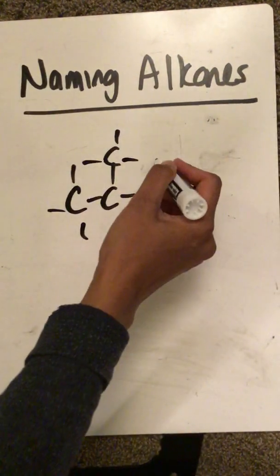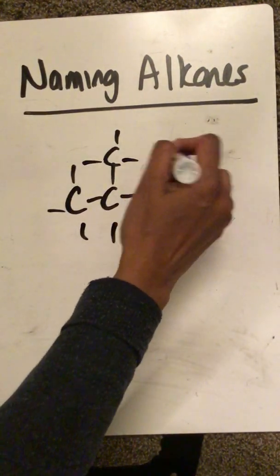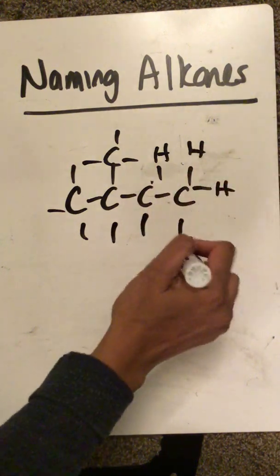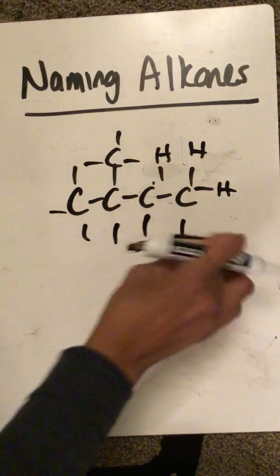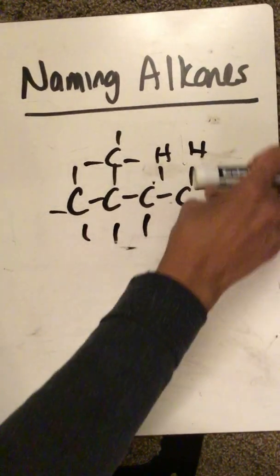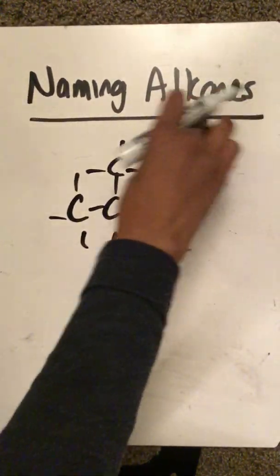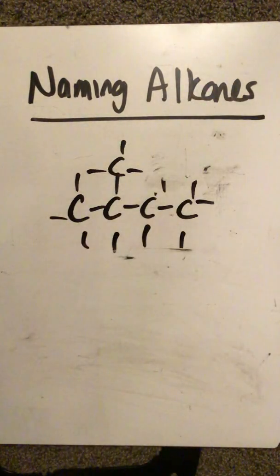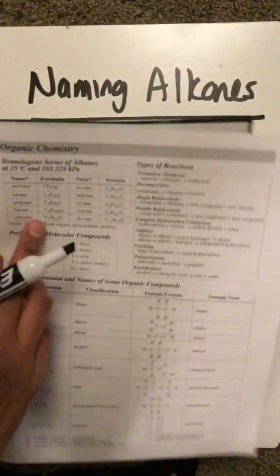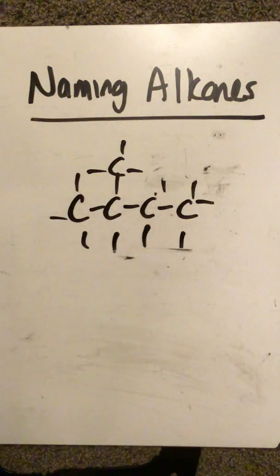Okay, and if I draw these dashed lines, they just mean there's a hydrogen attached to it. I just don't write out the hydrogen every time because it's time consuming, but just assume every time I draw a dash that there's a hydrogen there, okay? So anyways, if you take a look at this, you'd be like, hey, that must be propane, because there's 5 carbons. But that's not how you name this.